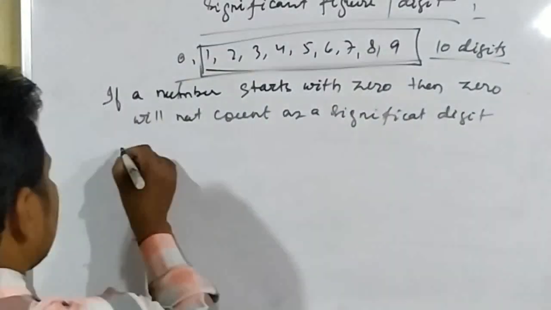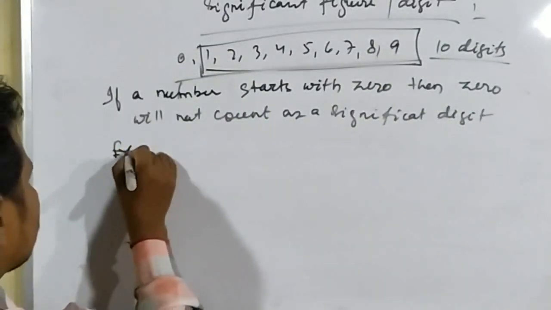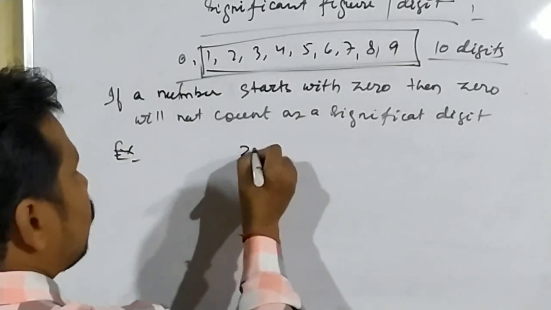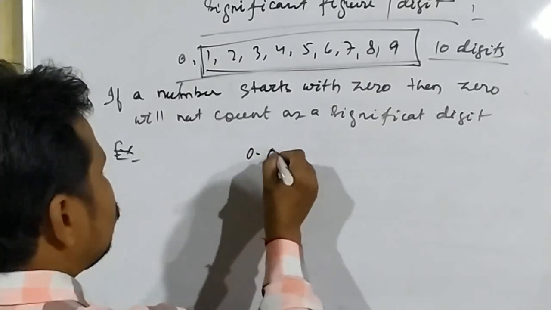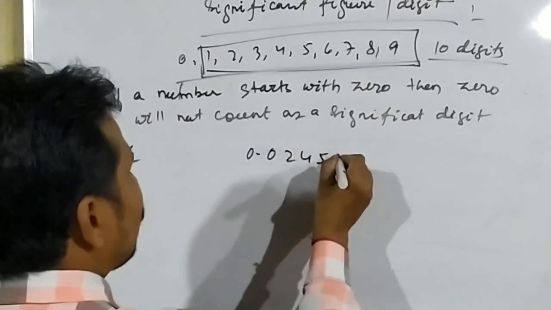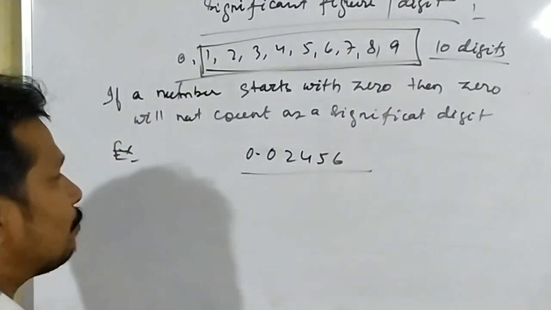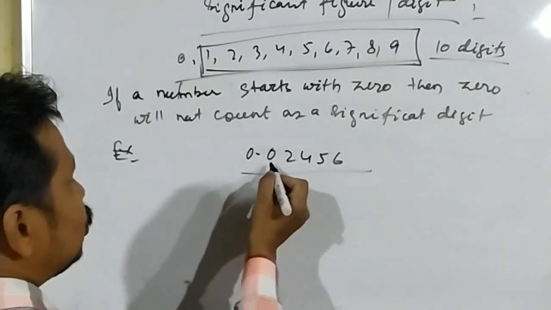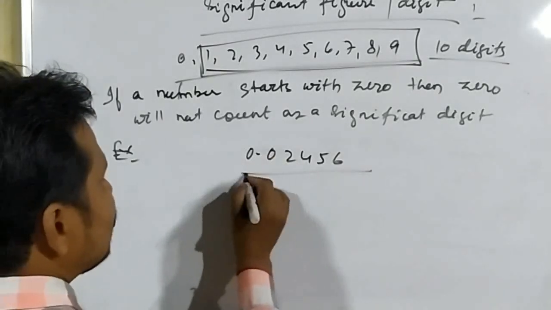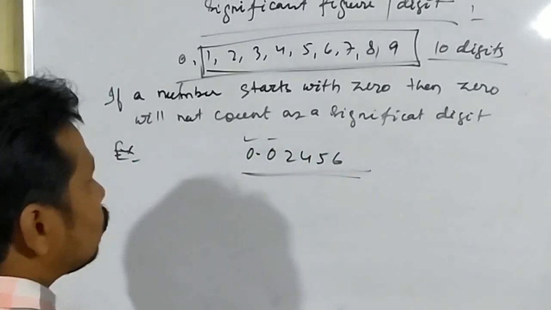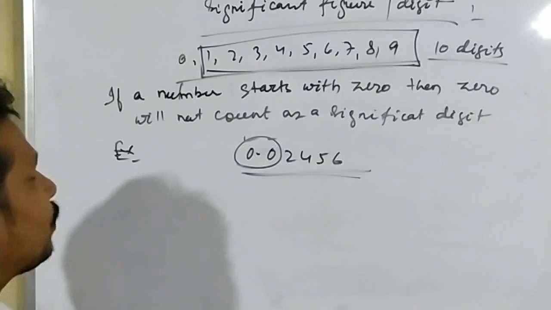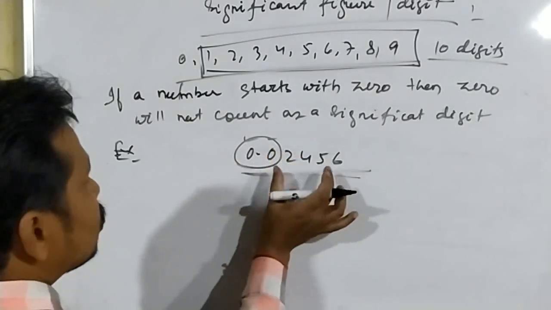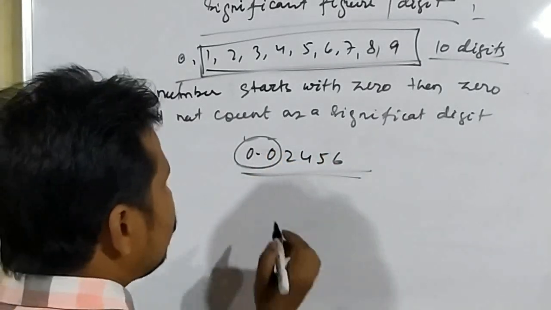For an example, 0.02456. Here is a number, and here we can see that the number is starting with 0. Yes or no? So we do not have to count these two 0 as significant digits. So the rest of the digits are significant digits.